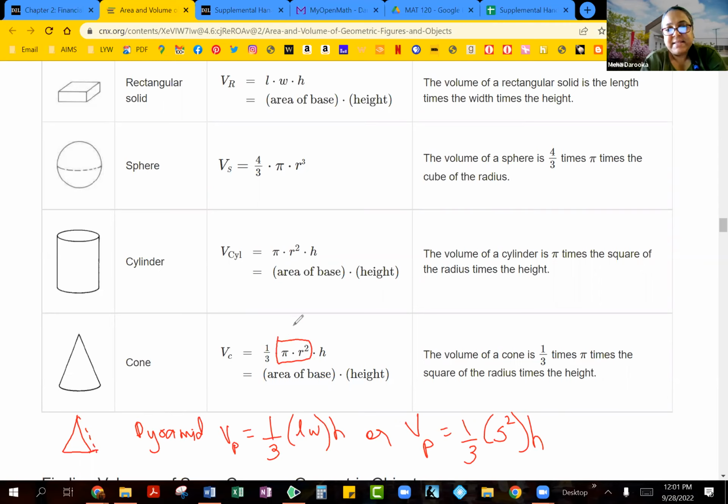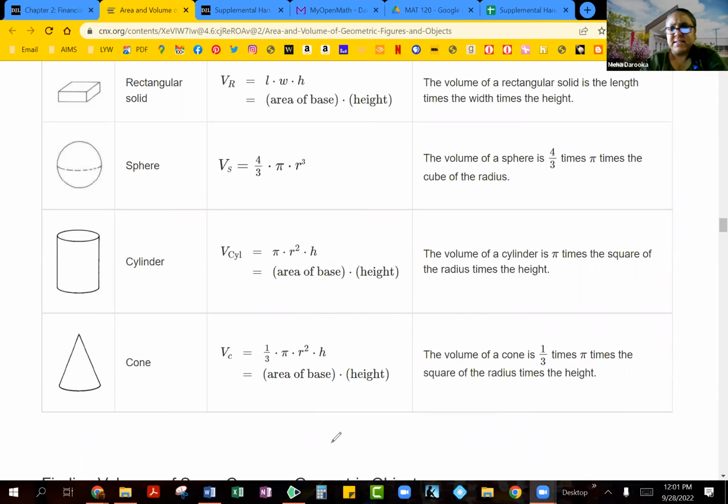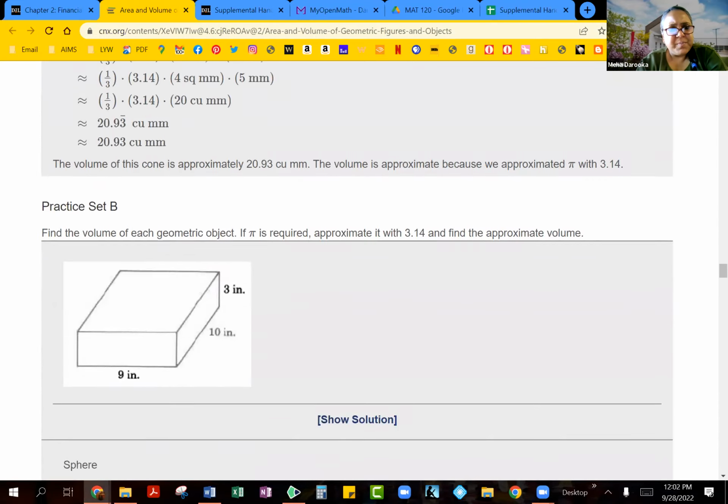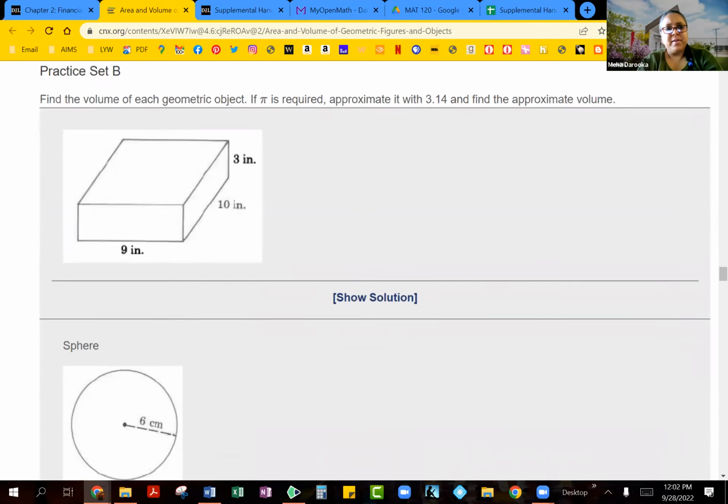So this basically has to be 1/3 the area of the base times height, whatever the base of your cone or pyramid is going to be. We'll look at examples of a pyramid later on, since this current textbook doesn't have it. So again, we're just going to pick our examples from here and work them out.